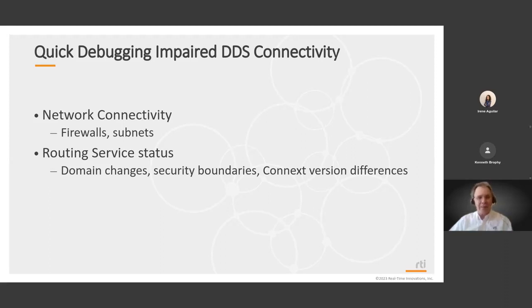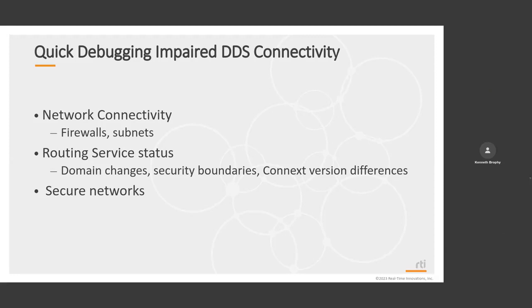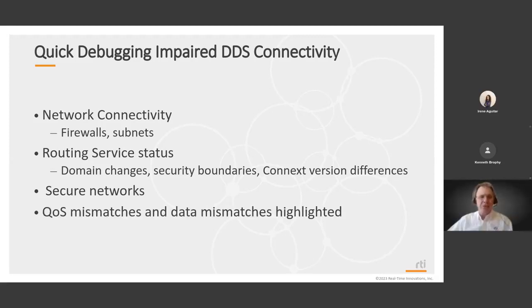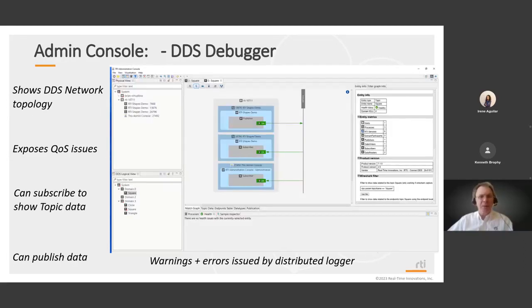It'll pass anything for the most part through its service. However, it should really be configured, and sometimes it's not configured correctly. Admin console can try and highlight issues with regard to routing service. Secure networks can be debugged, and quality of service mismatches, data mismatches can be highlighted with admin console. So take a look at how admin console sort of works.